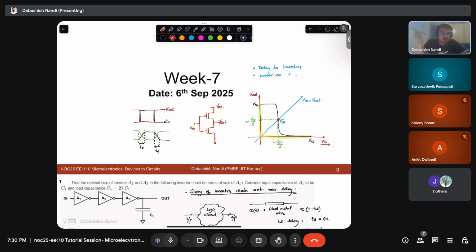This point is called your switching threshold. So whenever you are at this point, what are your Vin and your V out? They are essentially the same, right? It is approximately equal to your VDD by 2. So this is the VDD by 2 line, that is what you are defining your switching threshold to be.